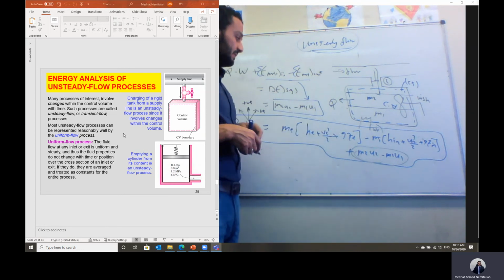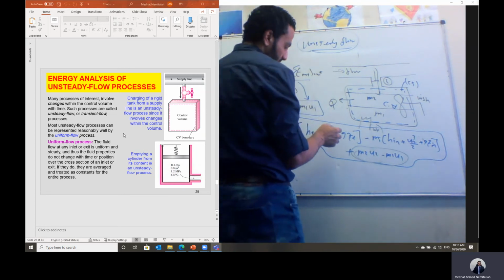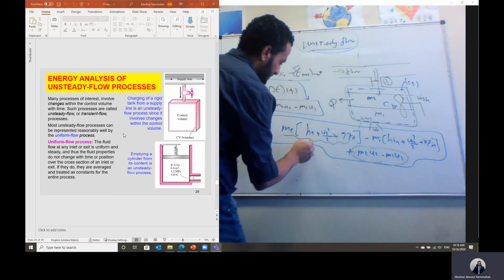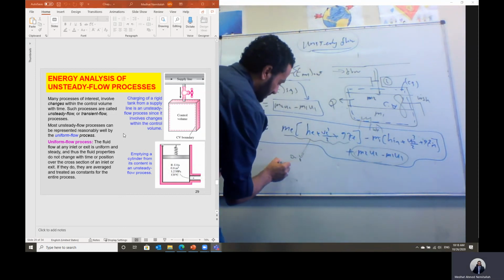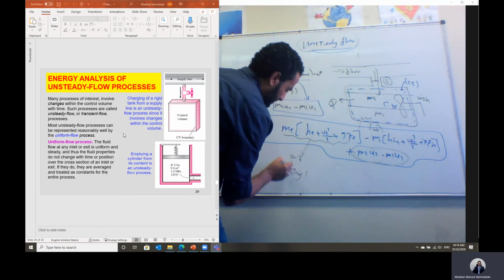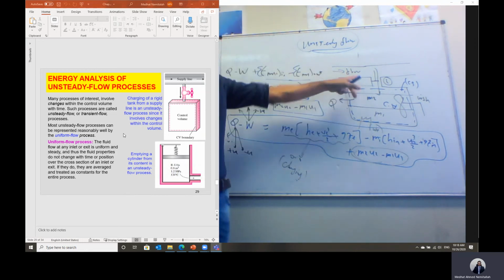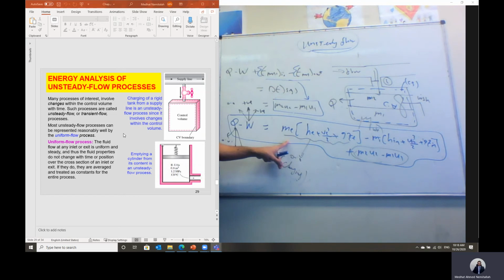M exit multiplied by this term. Usually all of this term will be 0 if we are charging a tank. If a tank is charging, that means we have mass in, but we don't have mass out. M exit is 0, so the whole term will be 0 in case we are charging a tank.